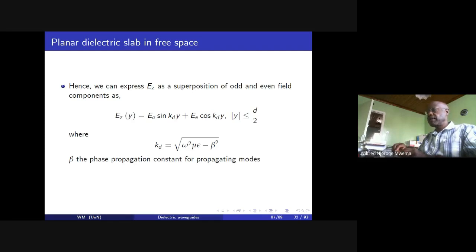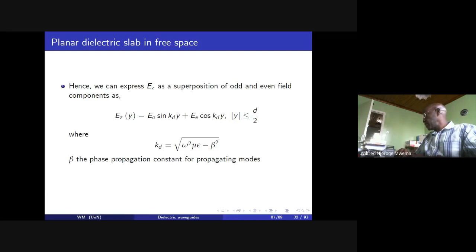And cosine Kd y is positive for both negative y and positive y, and therefore we find that cosine is going to be maximum at the axis, while the odd function is going to be 0 at the axis.